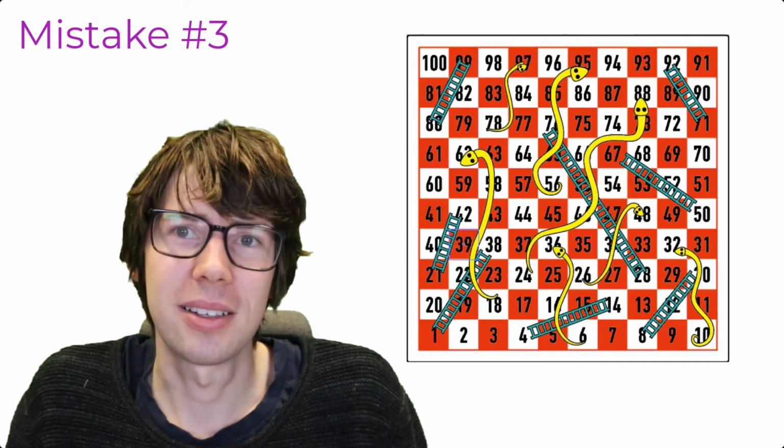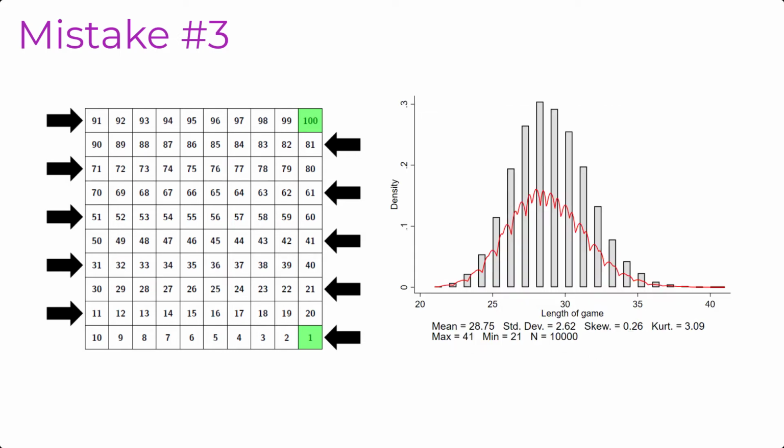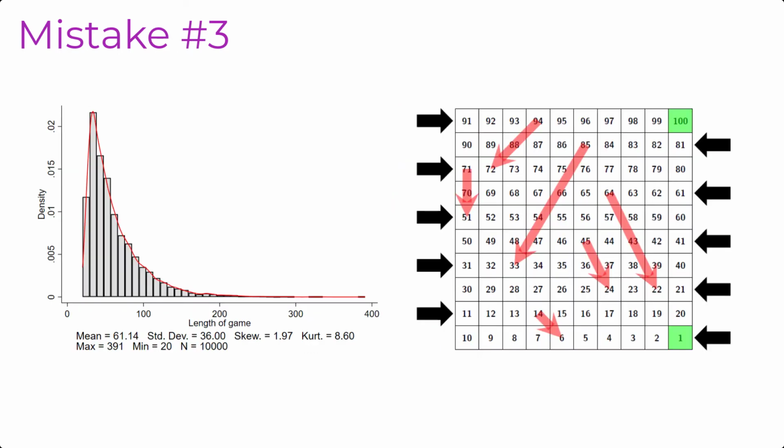So you're basically comparing these two games. In the first game, it would on average take you 28.5 rounds to finish. But for this particular version of the game, it would take a lot longer. In this case, it takes 61 rounds to finish. That is twice as long.